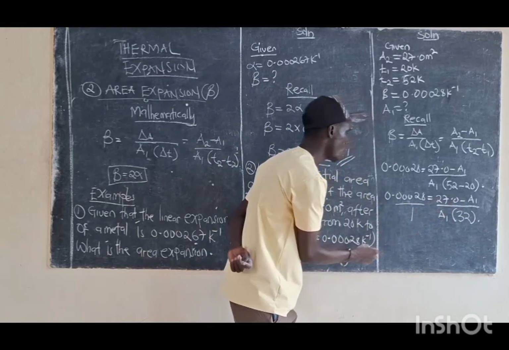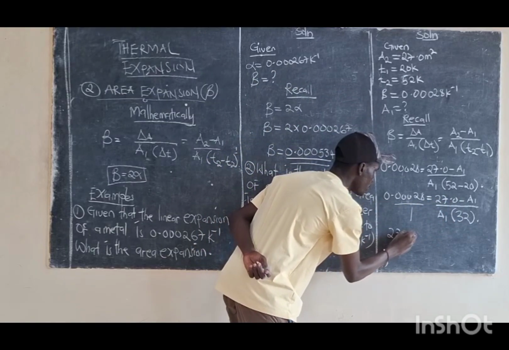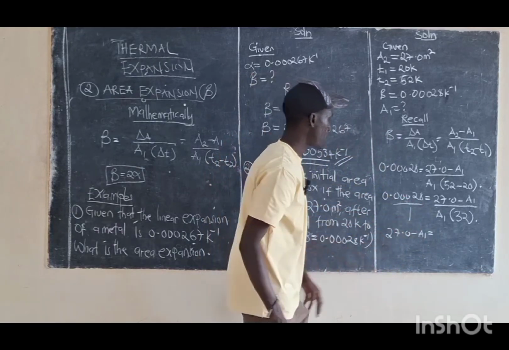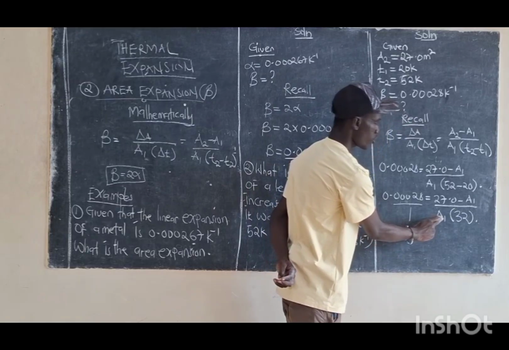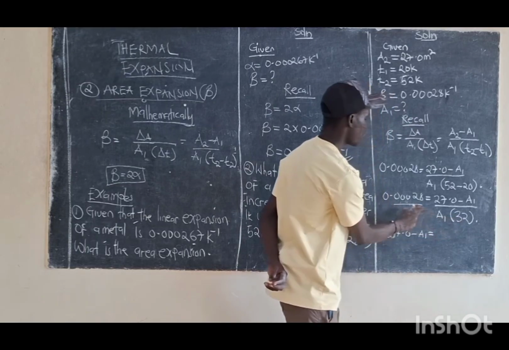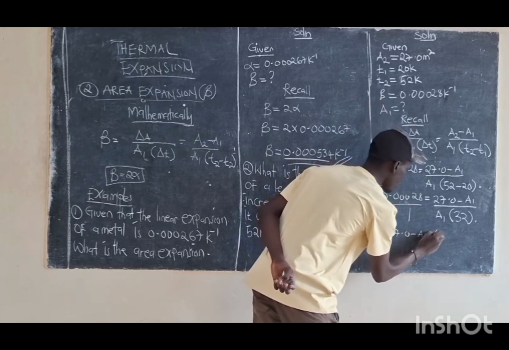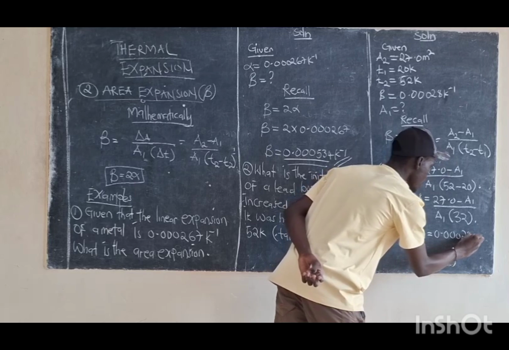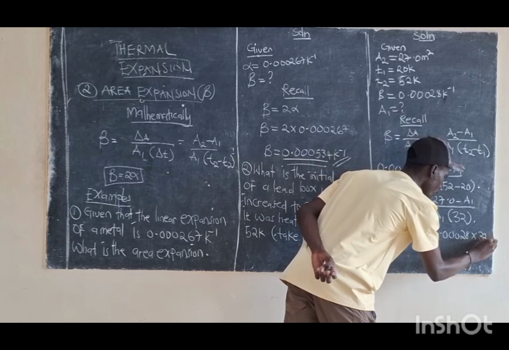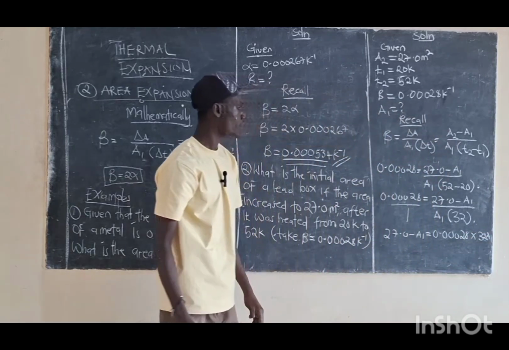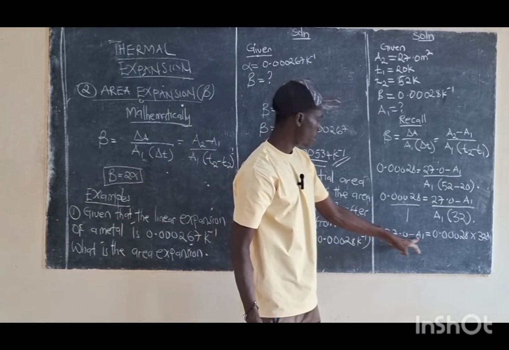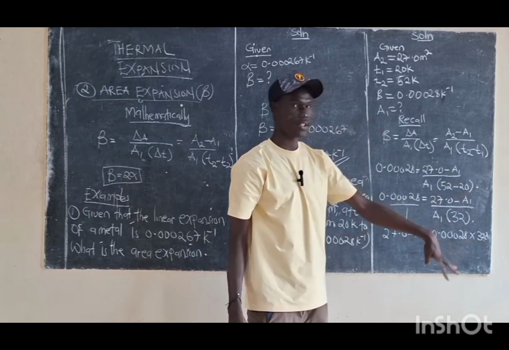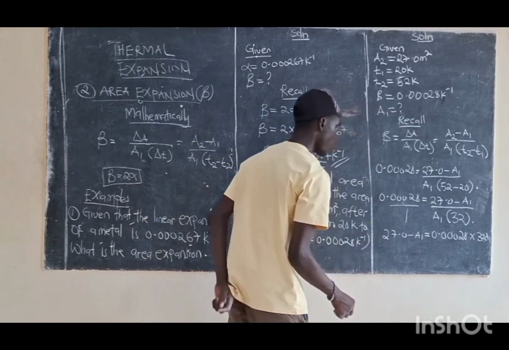When we multiply, we get 27.0 minus A1 equals 0.00028 times 32 A1, after you first open the bracket. Now we see here we have A1, and there we have A1. We take this A1 to the other side of the equation as we collect like terms.